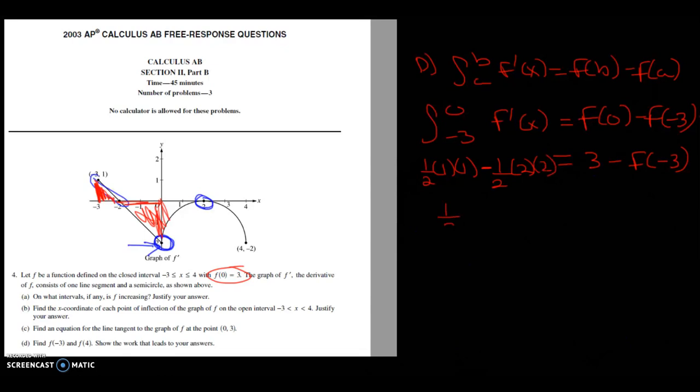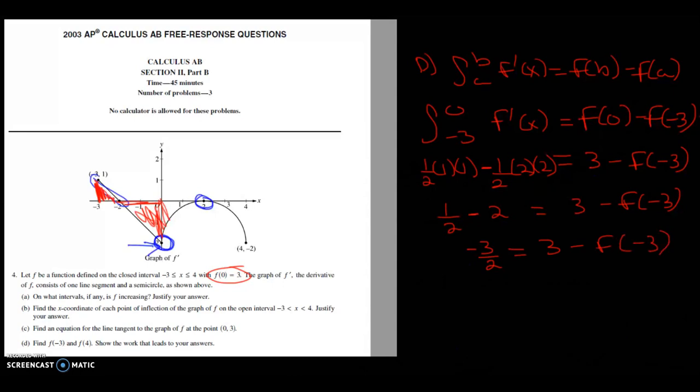So now we get 1/2 minus 2 equals 3 minus f of -3. So 1/2 minus 2, what's that, -3/2? 1/2 minus 4/2, so -3/2 equals 3 minus f of -3.